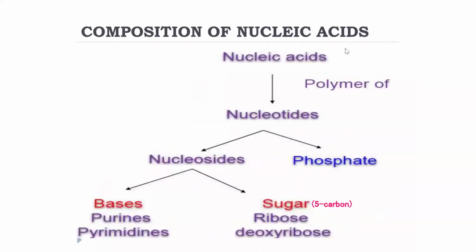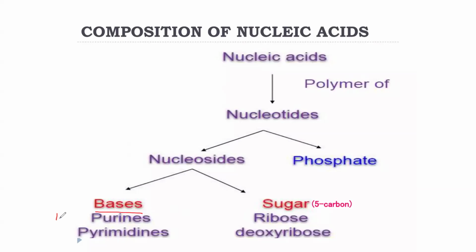So now the composition of nucleic acid. Nucleic acid, as we said, is a polymer of nucleotides, and the nucleotide is made up of nucleoside and phosphates, and the nucleosides is made up of bases and sugar. And these bases, we have two types of bases. We should all know we have two types of bases.